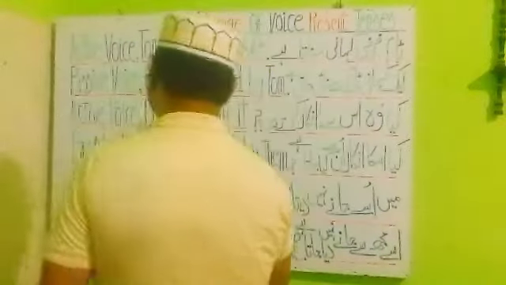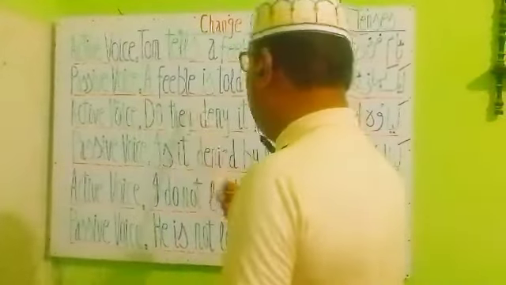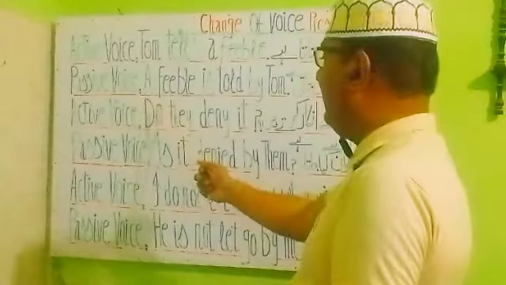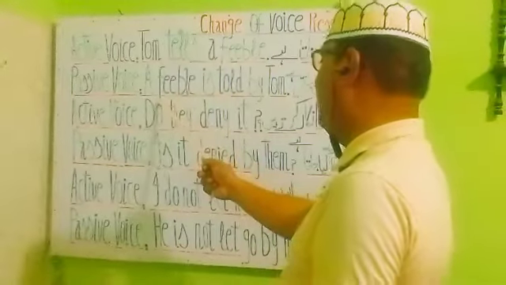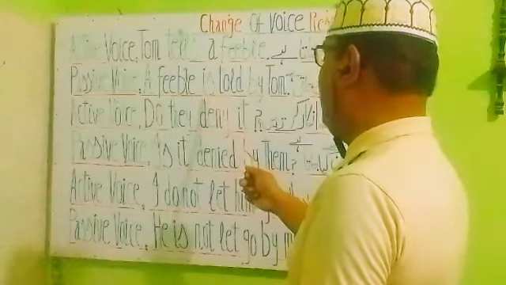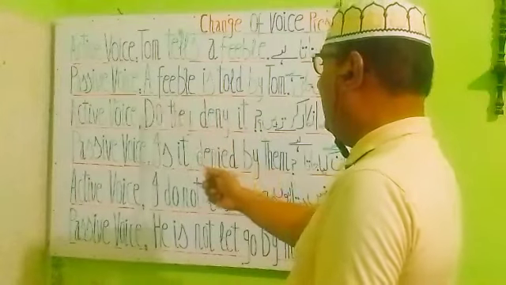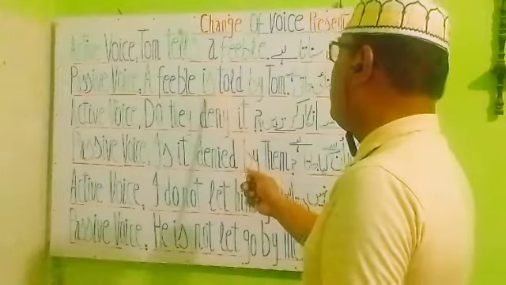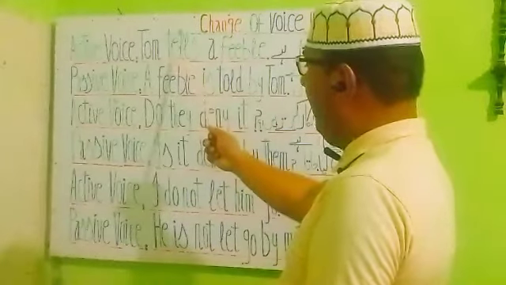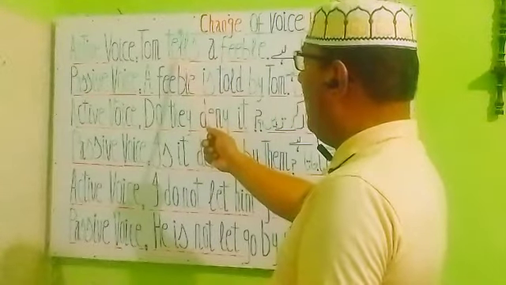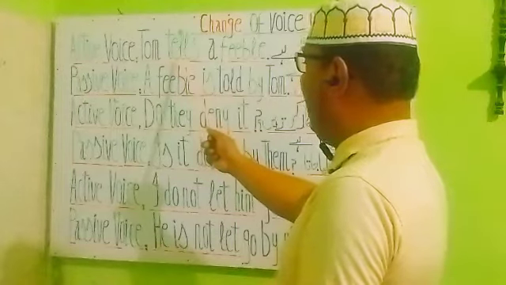So in passive, this is settled. By rules, if the subject is a singular noun or pronoun, then we will write the helping verb is. Now after this helping verb, we have the present form of verb, that is tell.